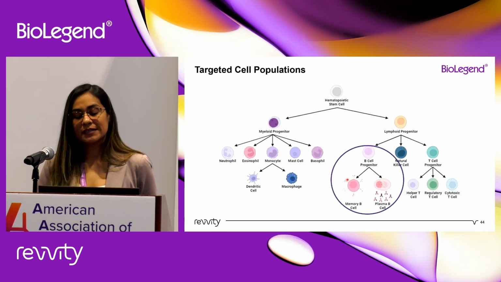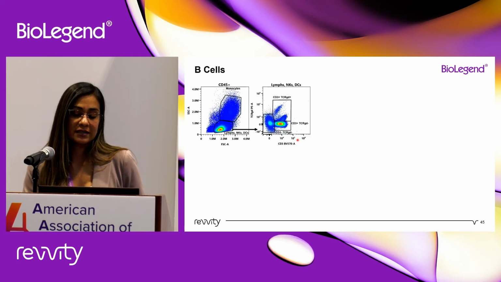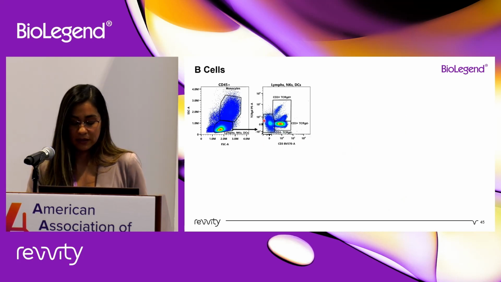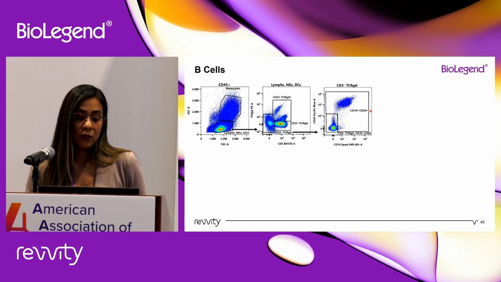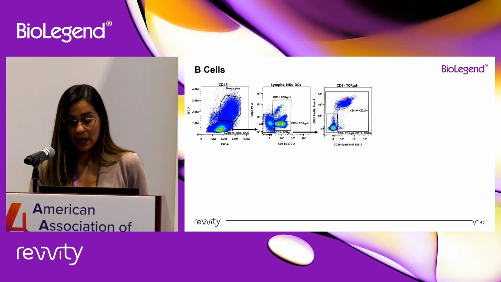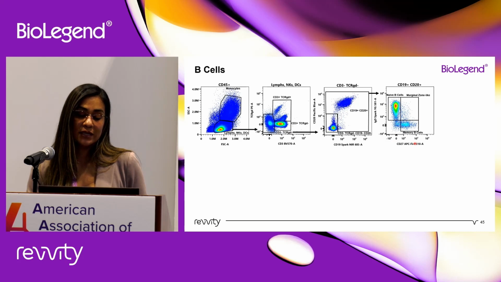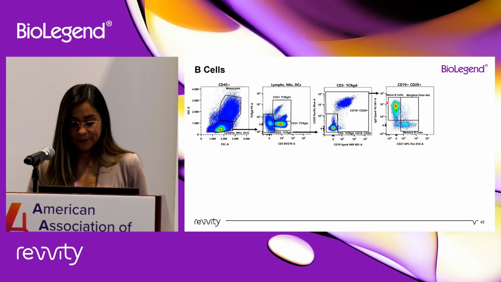Now for the B cells, here we are going to start similarly excluding the T cells, and we are going to identify the B cells gating on the CD19 and CD20 double positive cells. Then we can further identify the memory B cells, the marginal zone-like, and the naive B cells if we gate on CD27 versus IgD.